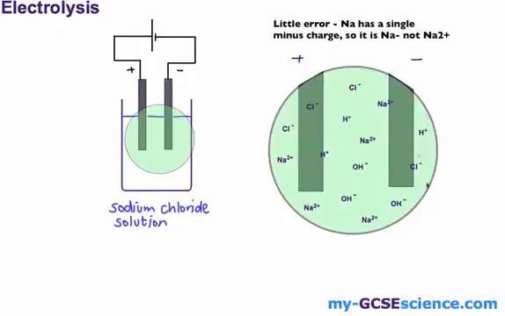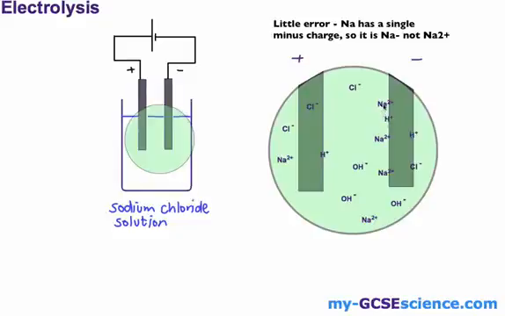So we have 4 ions moving around. The positive ions, the hydrogen and the sodium, might get attracted to the negative electrode, but you've got to remember they won't both be produced there as elements. The element that is produced depends on how reactive the ions are of the element that we're talking about.